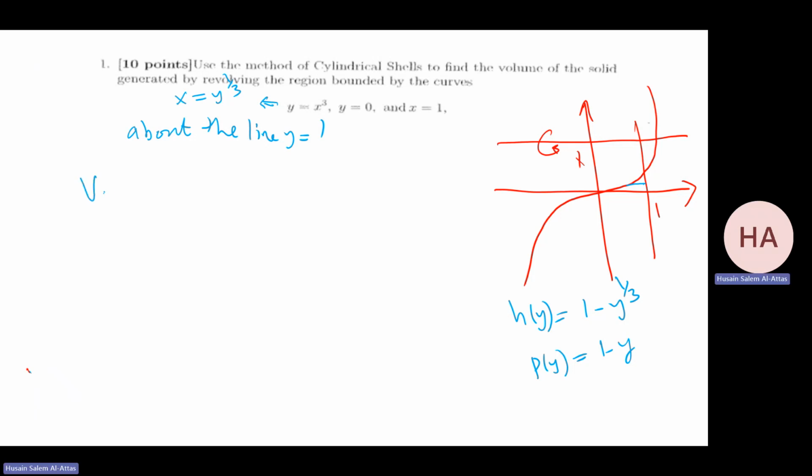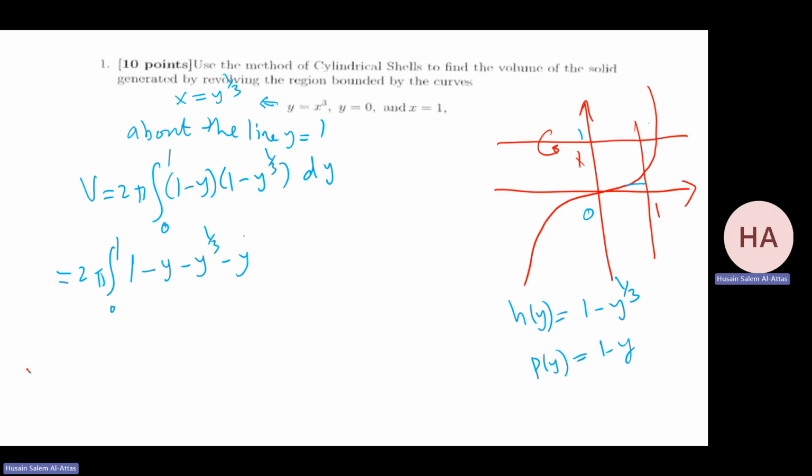And the volume will be 2 pi integral, from where to where? Y values, from 0 to 1. It will be 2 pi integral from 0 to 1 of (1 minus y) times (1 minus y to the power 1 over 3) dy. Now let's do the calculation. I have 1 minus y to the power 1 over 3 minus y to the power 4 over 3, this should be plus, dy.